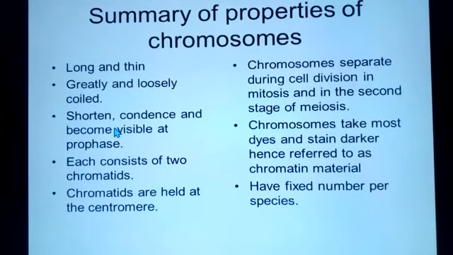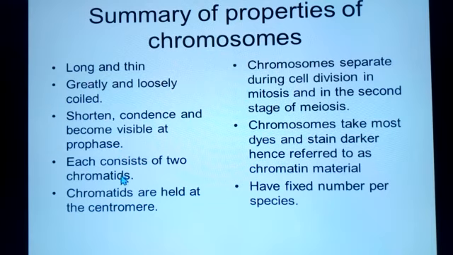Number one, they are long and thin, thread-like structures that are found in the nucleus of a cell. Number two, they are greatly and loosely coiled. Number three, they shorten or condense and become visible at prophase, that is during cell division.